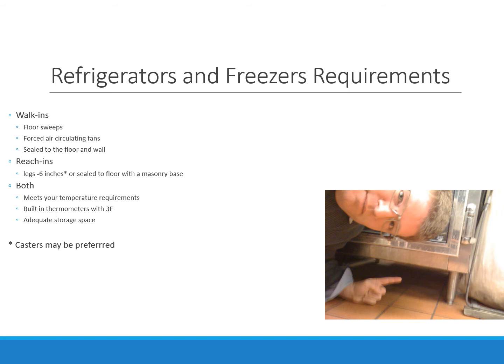Let's see, so it meets your temperature requirements, has a built-in thermometer accurate within 3 degrees, and like I said, has enough storage space. And while I said you can have your refrigerators on legs, just like we're showing here, legs are fine, but casters, which are wheels, are preferred. So a rolling setup is preferred to one that is mounted to the floor.